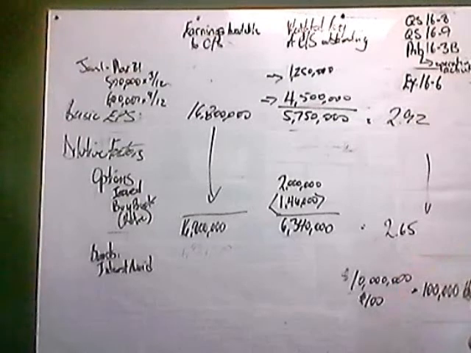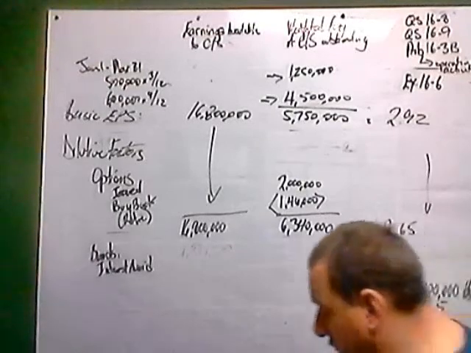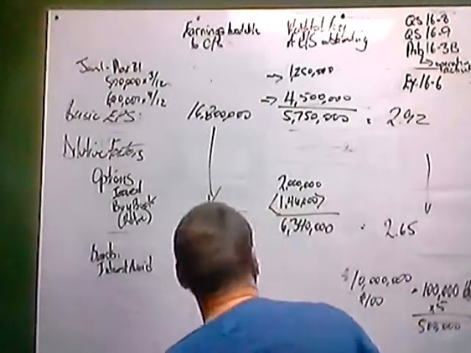These bond units convert to 5 common shares per unit, so times 5. So now we're going to have 500,000 additional common shares, because those are 5 to 1 per unit.